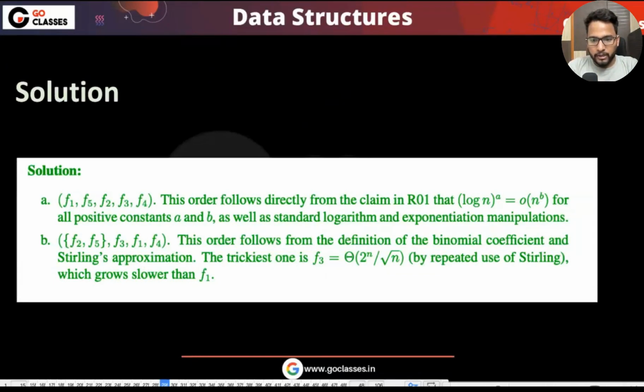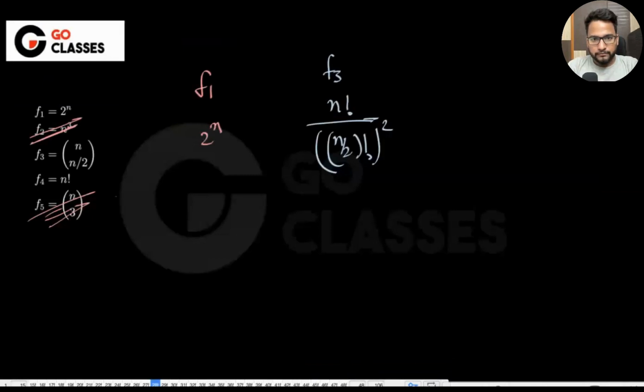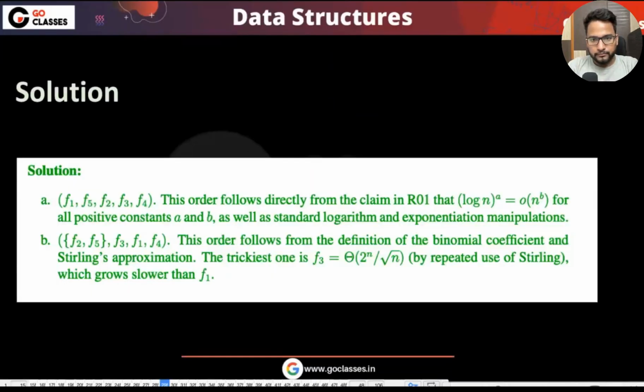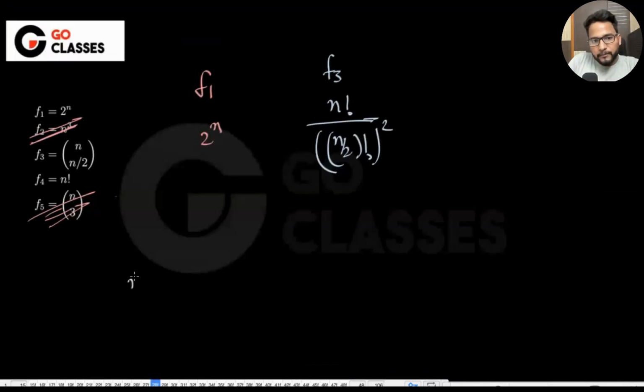They have written 2 power n upon. Okay. Do you remember that approximation that we talked about? What is this? Can anyone write it? Exact approximation.